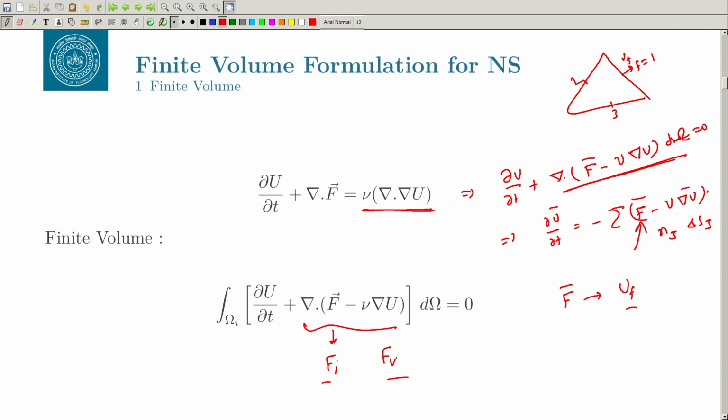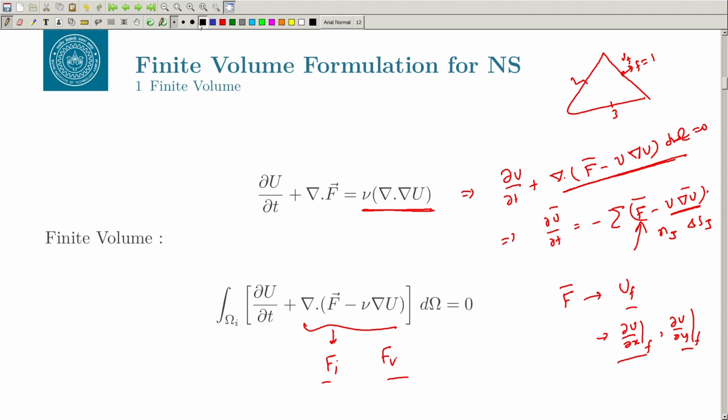But if you are considering viscous flow, then you need the velocity gradient also, in fact the temperature gradient also, at the cell face. So, not only do we need u f, but we also need del u by del x at f, del u by del y at f. We require both the values as well as the gradients on the interface.